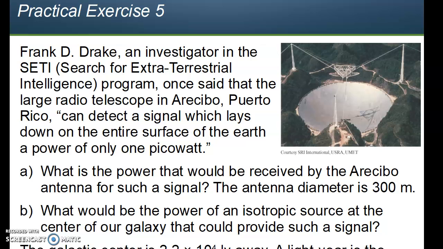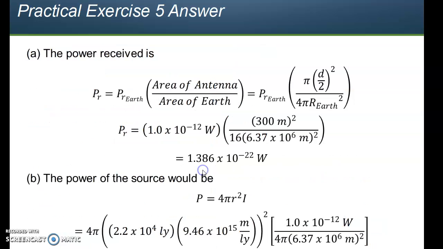So here you're looking for the power, so you just rearrange that prior equation. So it's P equals I equals, okay, it's 1 picowatt. D equals 300 meters.